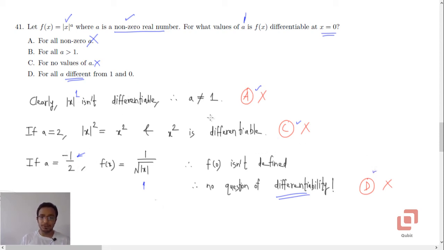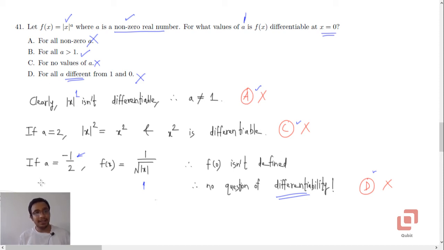So we have ruled out option D. Then the option that remains is for all values of a greater than 1, because we know that in these tests only one of the 4 options is going to be correct. So in this case it is definitely option B, because A, C and D are incorrect.